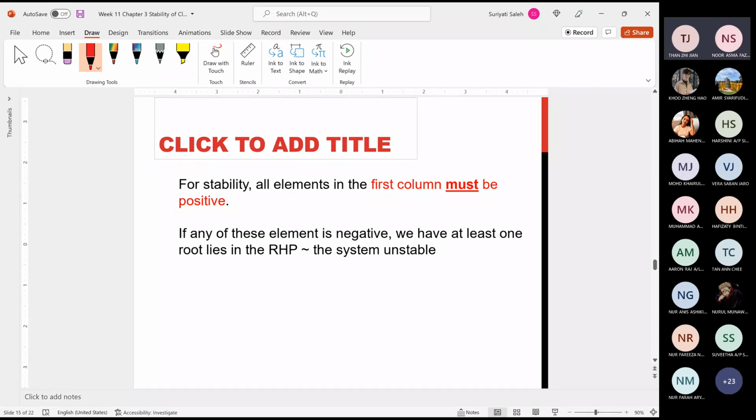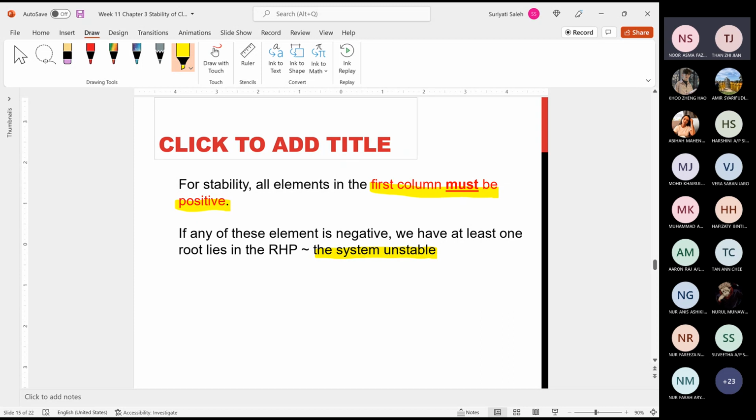So in this case, once we construct the whole array, how do we check the stability? First, we take a look at the first column. Based on the arrangement, the first column must be positive. If one of the elements is negative, then automatically the system becomes unstable. So this is the requirement.